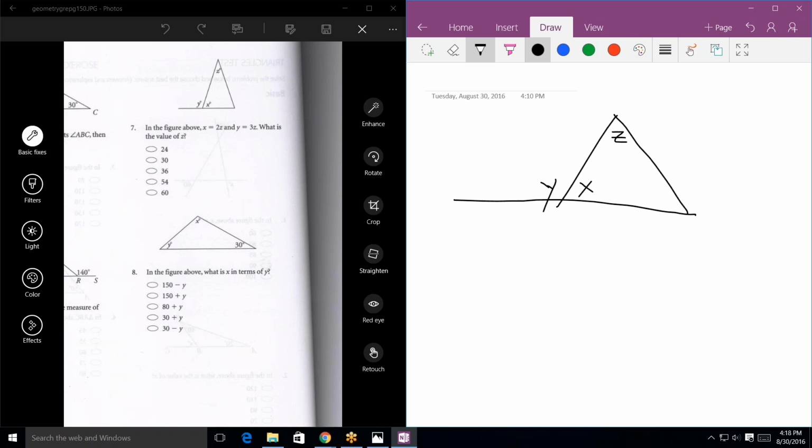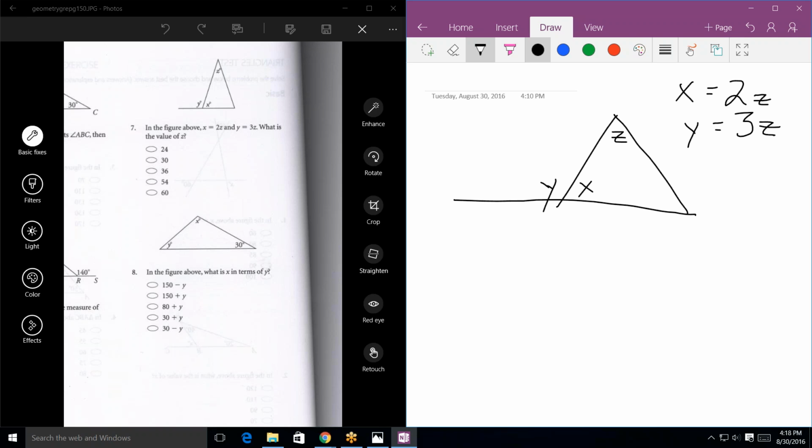Okay, let's have a look at this problem. Here's what they tell us: x is equal to 2z and y is equal to 3z. Can we solve for z? Okay, so 180 is 5z, that would mean 180 divided by 5.